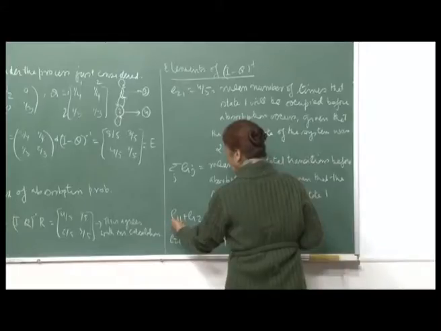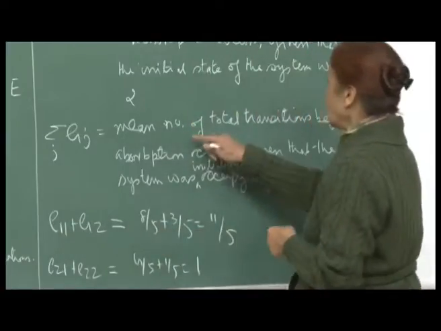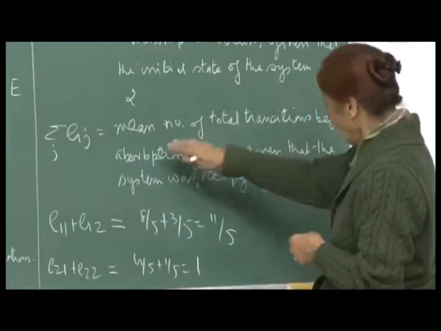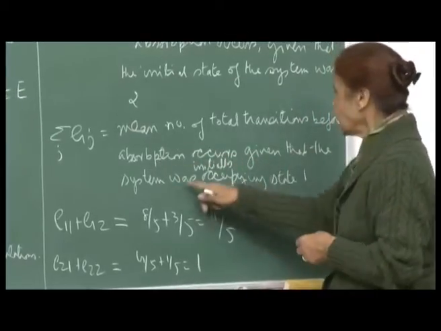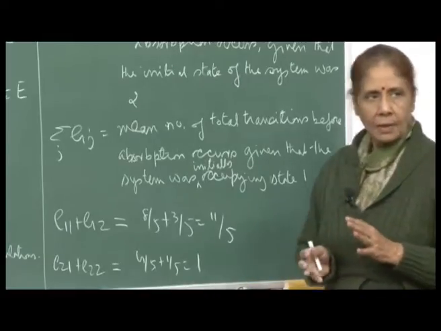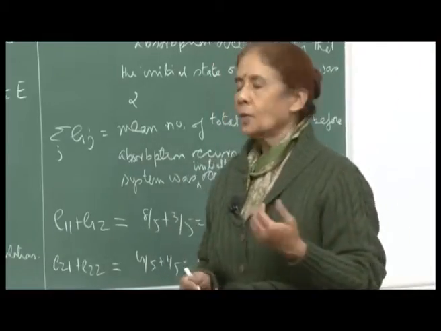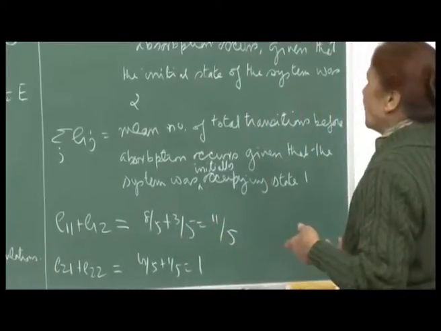So, the mean number of times state 1 is occupied or state 2 is occupied, both being transient. This total gives you the mean number of total transitions before absorption occurs, given that the system was initially occupying state 1. So, starting from state 1, how many transitions can occur on average before absorption occurs?